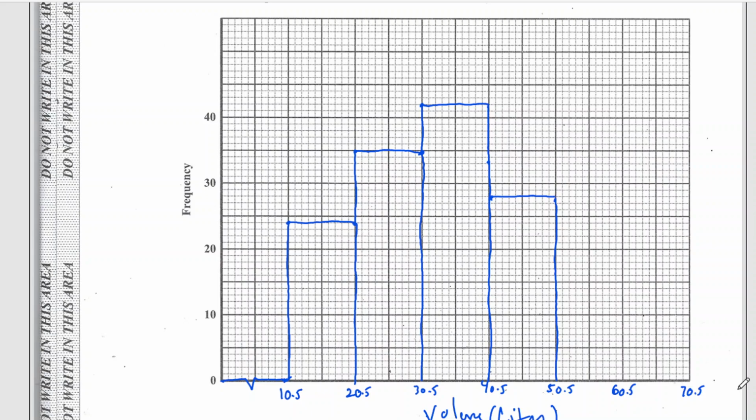And then the last one, between 50.5 and 60.5, is 21. So that will be here, 21 right here. Right, that was it.